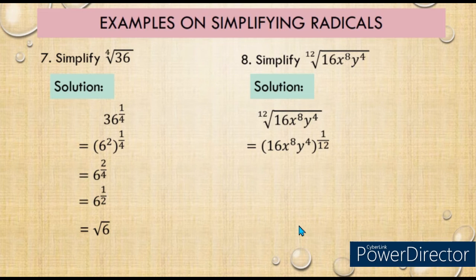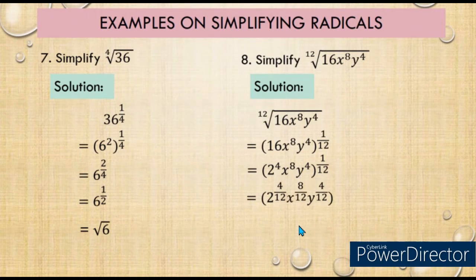Okay, so applying the laws of exponent, the power of a power, we need to multiply. So we have 2 raised to 4/12, x raised to 8/12, y raised to 4/12.